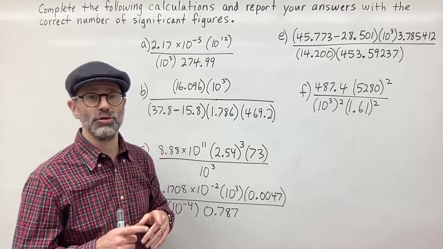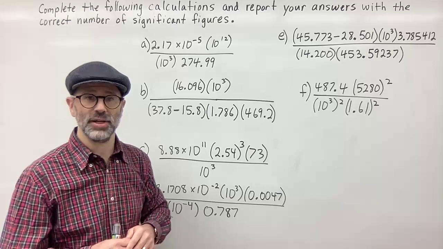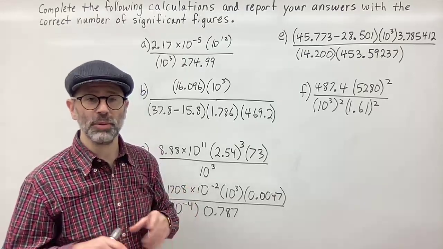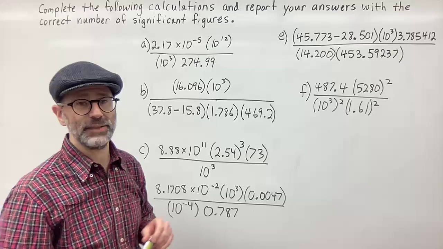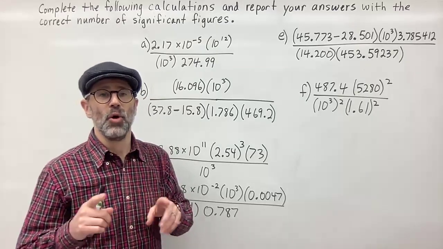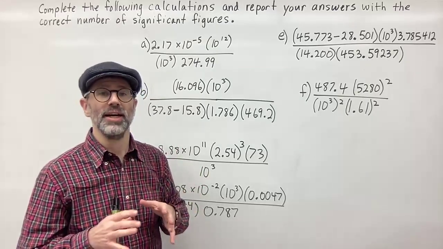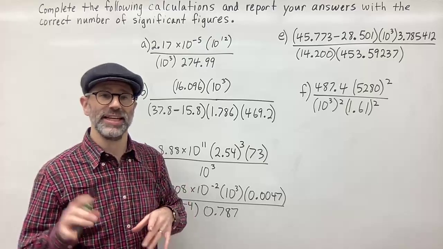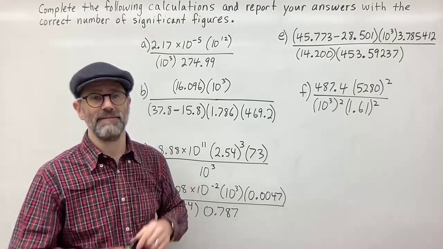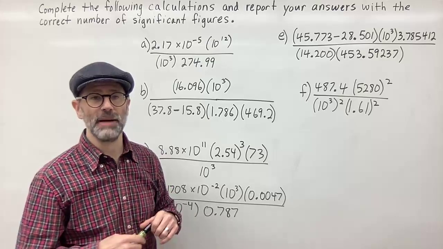If you know how to put scientific notation in your calculator, no problem. If you don't know how to put scientific notation into your calculator, then see my video where I go over how to put scientific notation into different types of calculators. So go to that video if you need help with that.